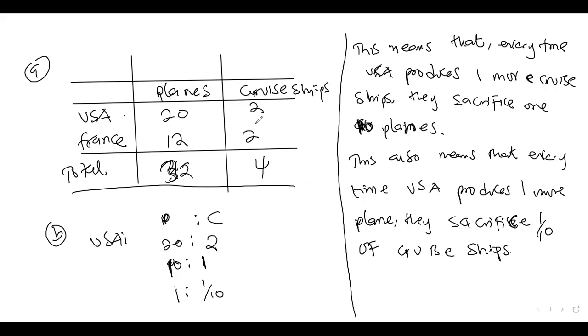But remember, one cruise ship is equivalent to 10 planes. So if these 2 cruise ships flow over to become planes, these 2 will be 20.